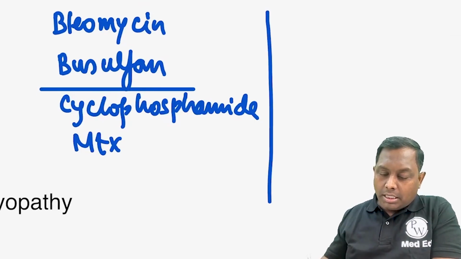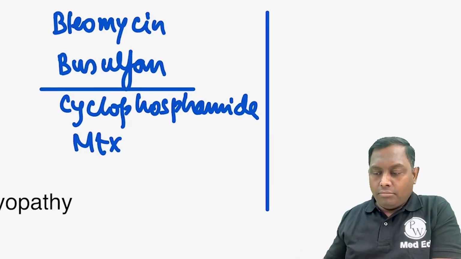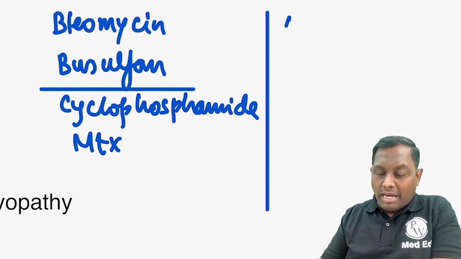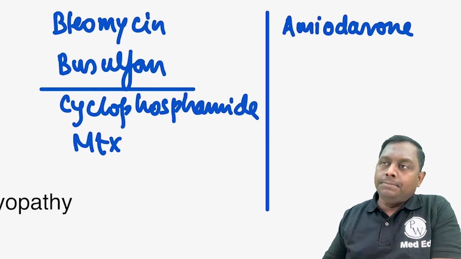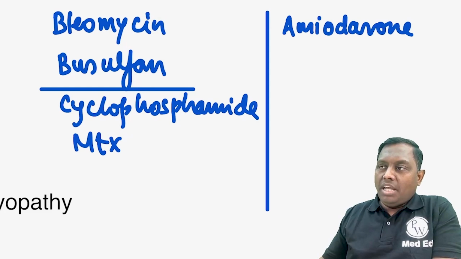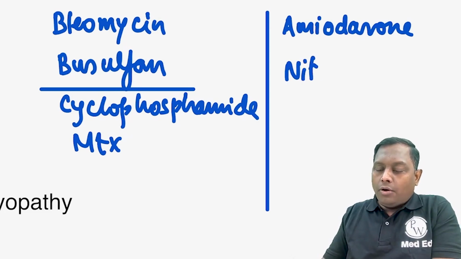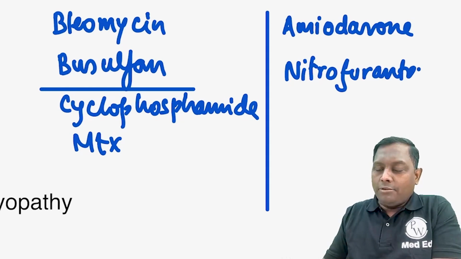Drugs in other organ systems, we can talk about, let's say, amiodarone. Amiodarone causes pulmonary fibrosis. Nitrofurantoin as an antibiotic has been associated with pulmonary fibrosis.